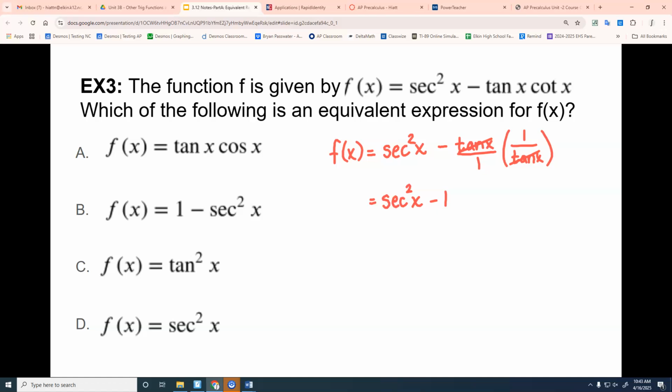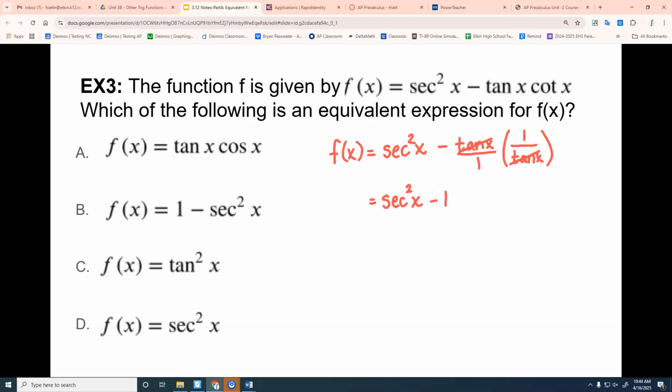You cannot move things to the other side on these types of questions because it's not an equation. You are simplifying; your f of x is just telling you what this is. If you do move it to one side, you've got to move it back so that it's equal to f of x. If you move these two things to the other side, you've got to move f of x to the other side as well, which makes it negative f of x, and you have to divide by negative 1, which flips it right back to what it is.